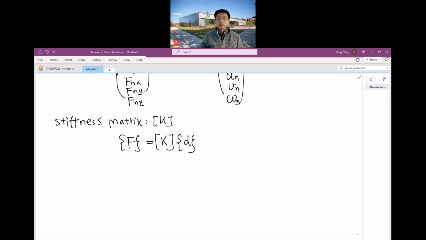So typically through this entire semester, we use the stiffness matrix at the level of element to derive the stiffness matrix at the level of the entire system. Right? So that we need to deal with the elemental stiffness matrix.